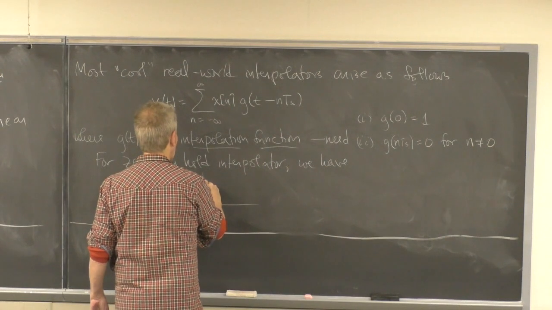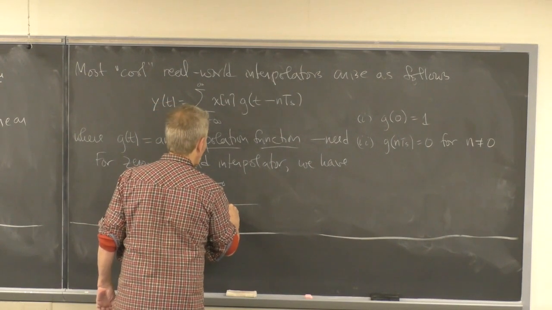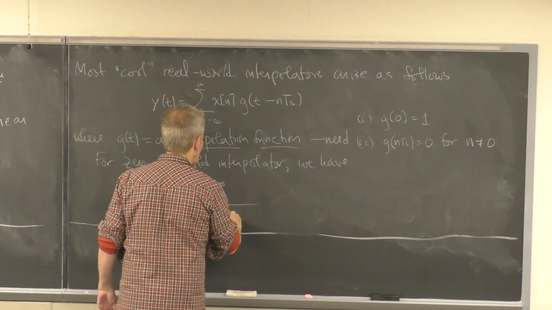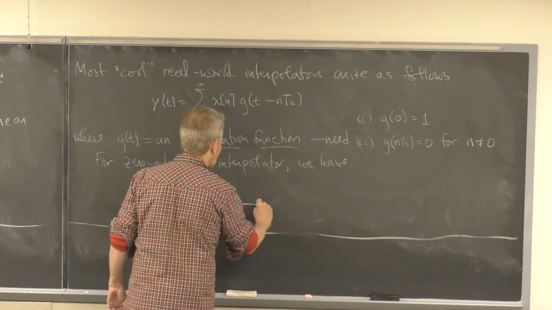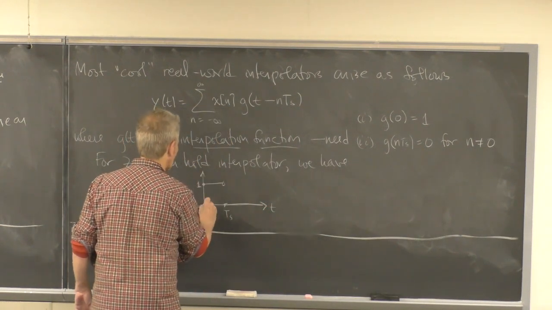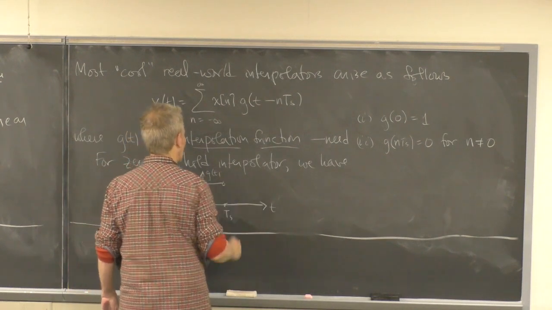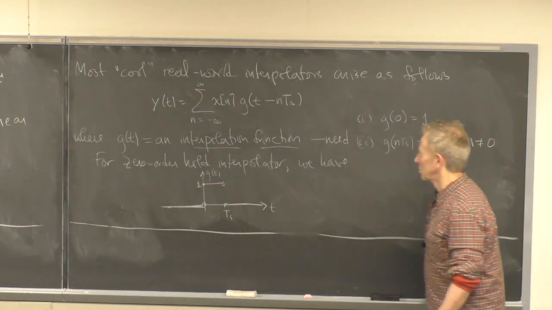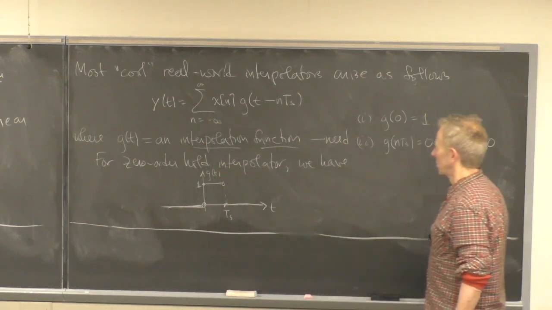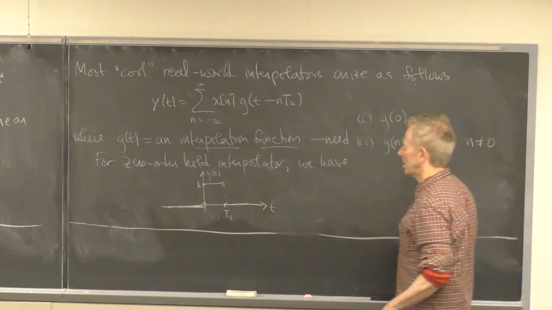G of t is going to be 1 at 0, and it's going to stay 1 out to Ts, and then it's going to be 0 for t bigger than Ts, and 0 for t less than 0. That turns out to be the interpolation function for the zero order hold interpolator, the one that puts out a step function whose staircase values are the x of n's.